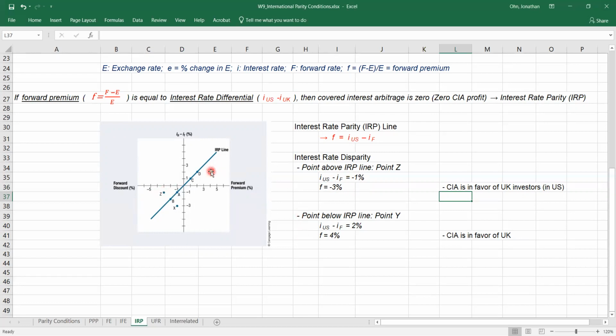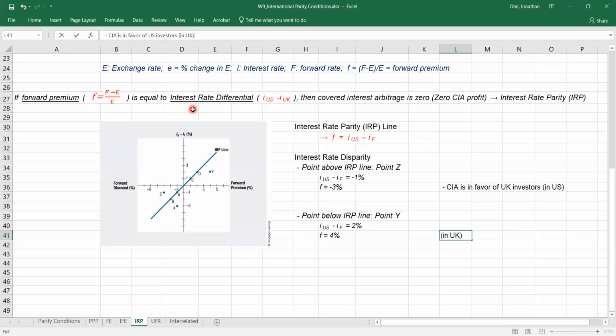Now the opposite case. If it is below, look at this. The forward premium is 4%, but the relative interest rate is only 2% there. So in this case, the forward premium will adjust lower to approach 2%, and this point will move until it hits the ILP line. So in this case, CIA is in favor of US investors in the UK.